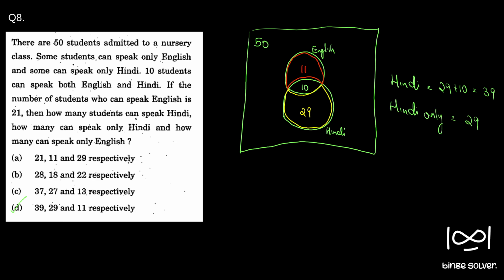And how many can speak only English? Only English is the red region, which is 11. English only equals 11. So 39, 29, 11, which is D, that is the correct answer. So you can quickly draw this figure. I took time, but you can easily draw this figure and find out in the exam hall. So that is the solution to question 8, D.